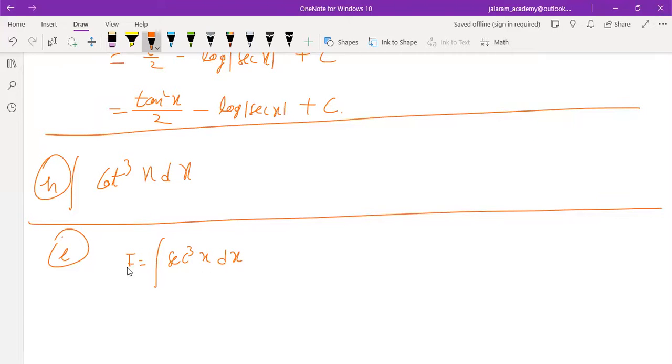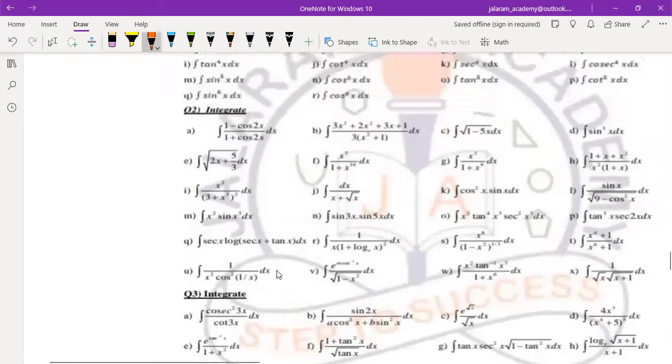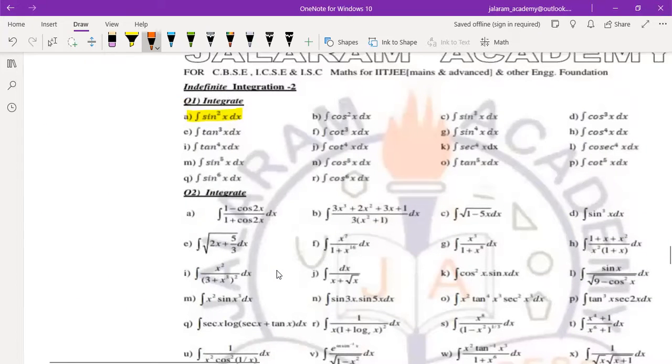So assume it to be I equals integral of sec cube x. We have still not studied the formula to integrate sec cube x, so after studying it we can prove it, or by using the substitution method also we can find the integration of sec cube x. That's why I have not given you the integration of sec cube x in this sheet.